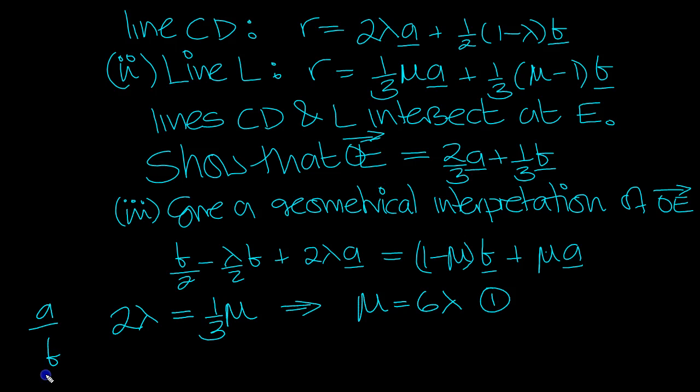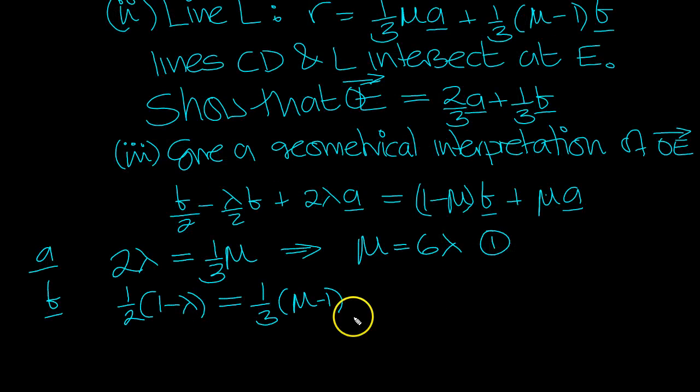And then for the vector B component, we're going to have half 1 minus lambda must equal a third mu minus 1. Mu is 6 lambda, so you've got a half 1 minus lambda is equal to 1/3 6 lambda minus 1.